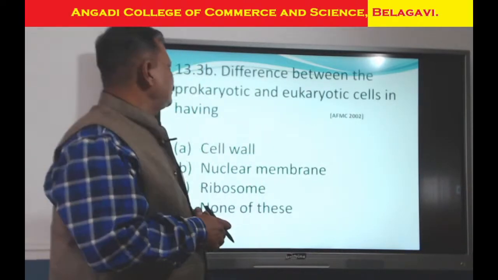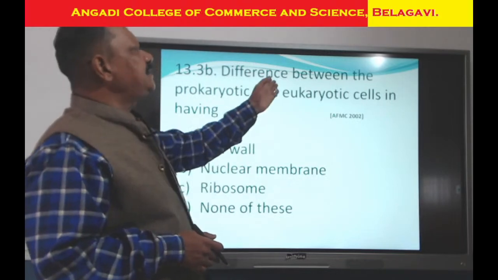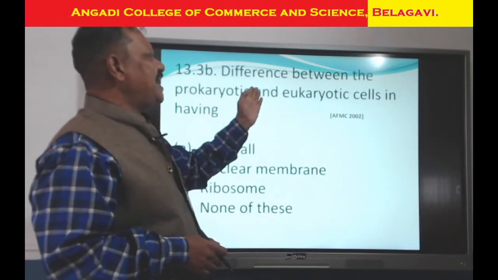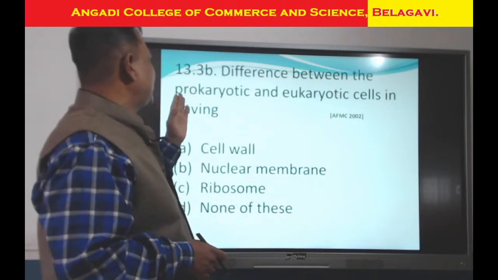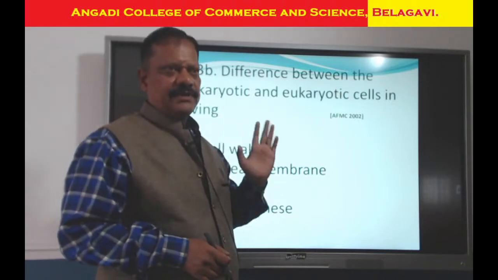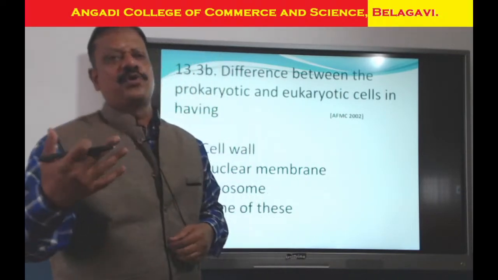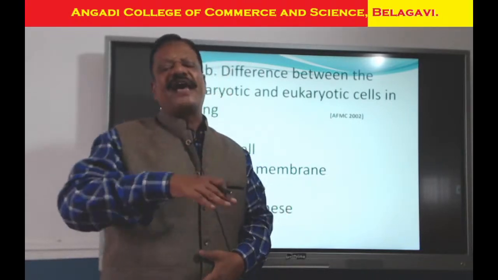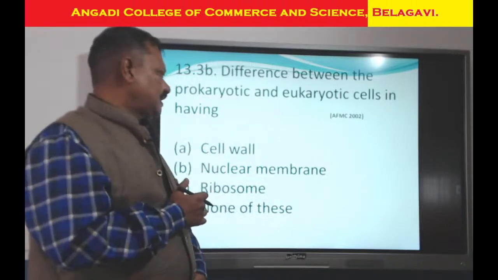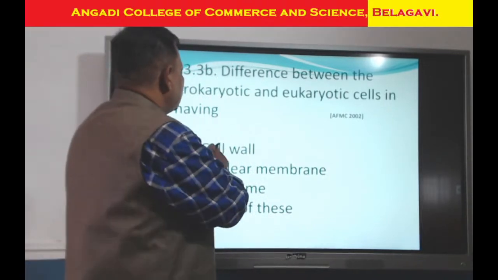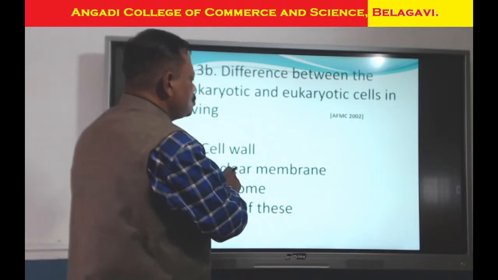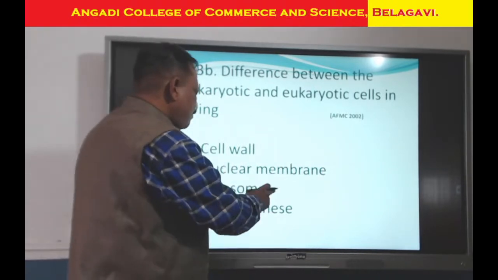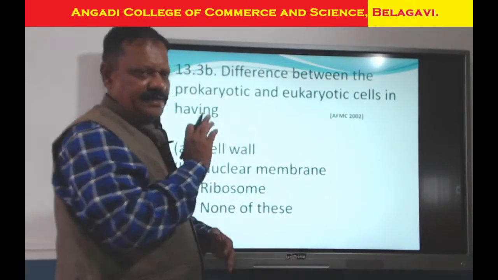Now see here, the difference between the prokaryotic and eukaryotic cell. Prokaryotes are primitive types of cells, eukaryotes are advanced types of cells. Here the options are cell wall, nuclear membrane, ribosome, none of these.